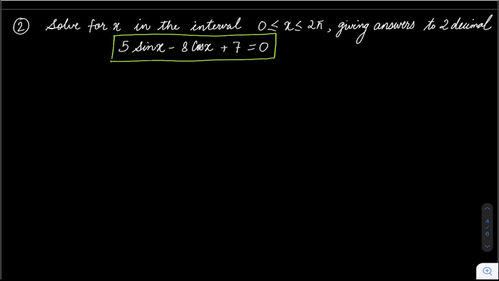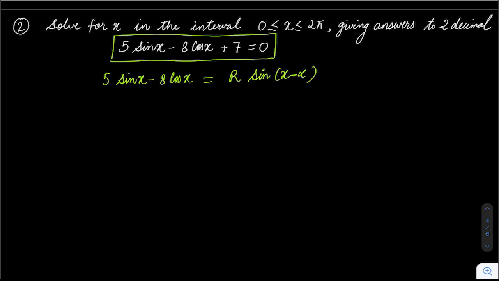So I will first assume that 5 sin x minus 8 cos x is equal to r times sine of (x minus alpha). Correct? I think I have given enough explanation why it is sine x minus alpha.